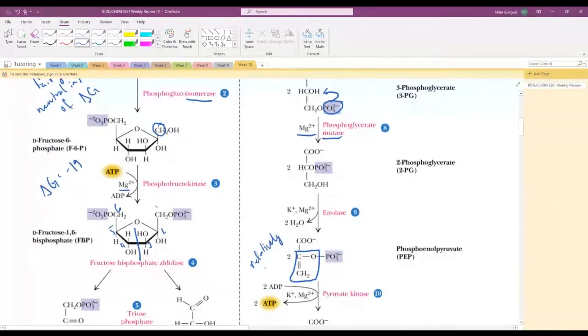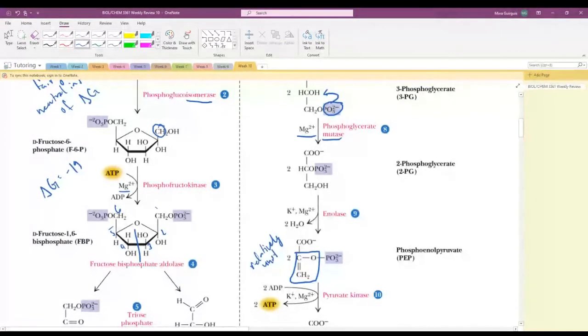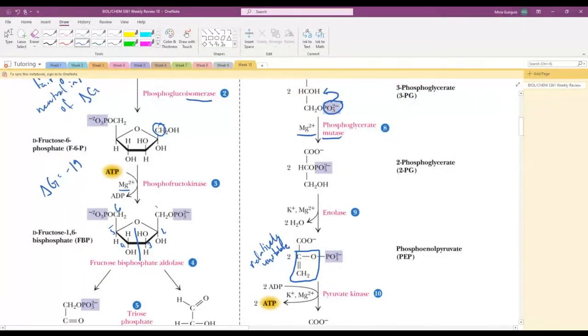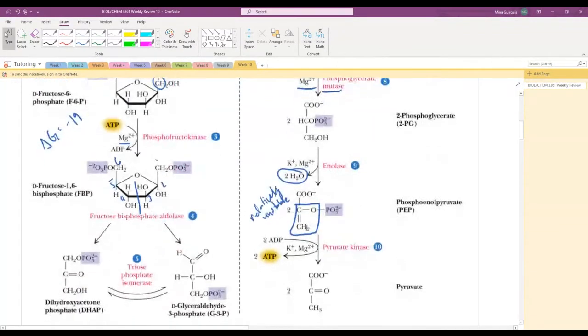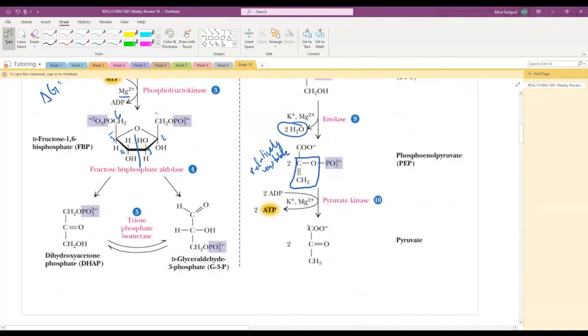And I say relatively because we favor the keto form over the enol form, because the keto form is more stable. So this enolase is a dehydration, or a condensation reaction. Both are acceptable terms. And what it does for us is it sets us up for reaction 10, where we want to get rid of this unstable enol.